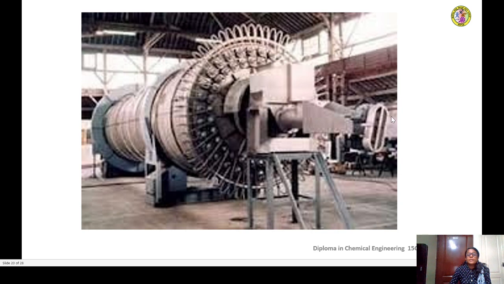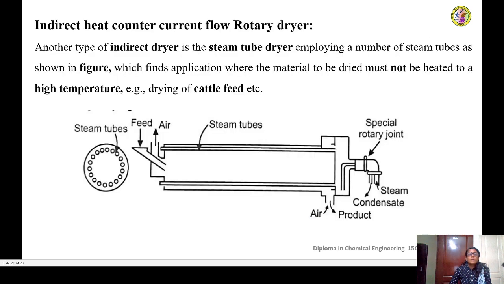So this is another picture of an indirect heat rotary dryer. Another type of indirect dryer is a steam tube dryer employing a number of steam tubes as shown in the figure. If this is the cylindrical shell from the side view, this is how a number of tubes are provided just near the wall through which steam can be passed.